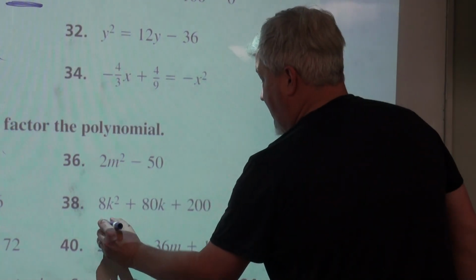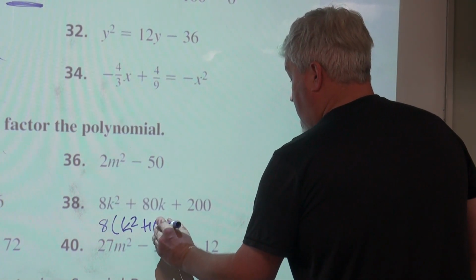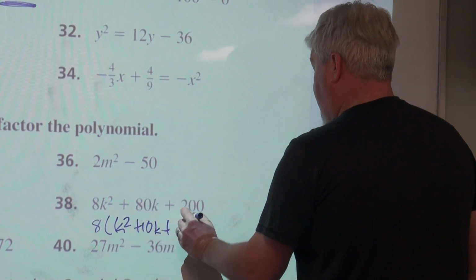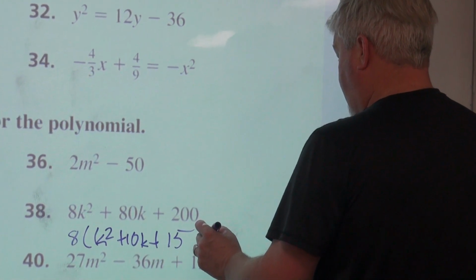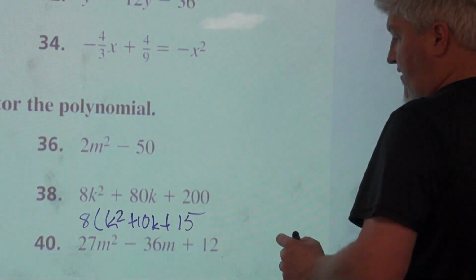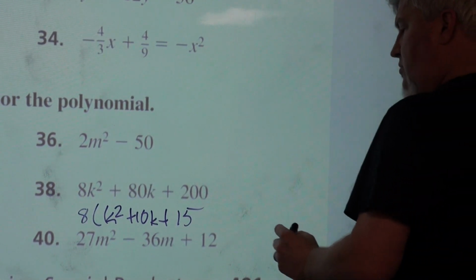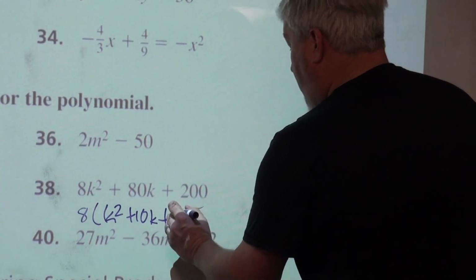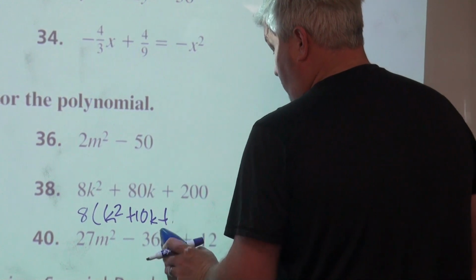That'll leave you with 8k squared plus 10k plus, if I did this right, let me double check it, 15. Is that right, Megan? Maybe that's not right. 8 goes in there, 240. Yeah, that's right. 8 times 15. Is that not? No. 2, 6, 4, 5. Yeah, it should. Oh, no. Oh, 25. Yeah. Sorry, you don't have to be careful. My math was wrong. Actually, that's what you should do right there.